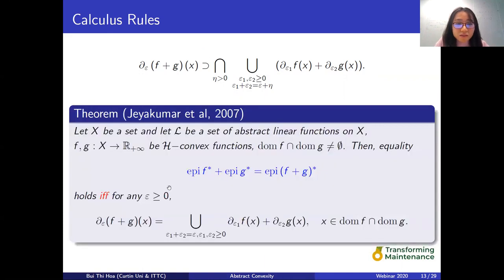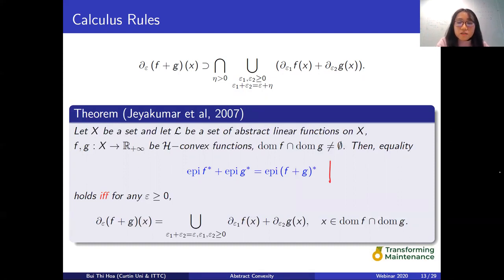We have a result from the 2000s by Cesar Kema, which says that under these conditions, the sum of the epigraphs of the conjugates is the epigraph of the conjugate of the sum.